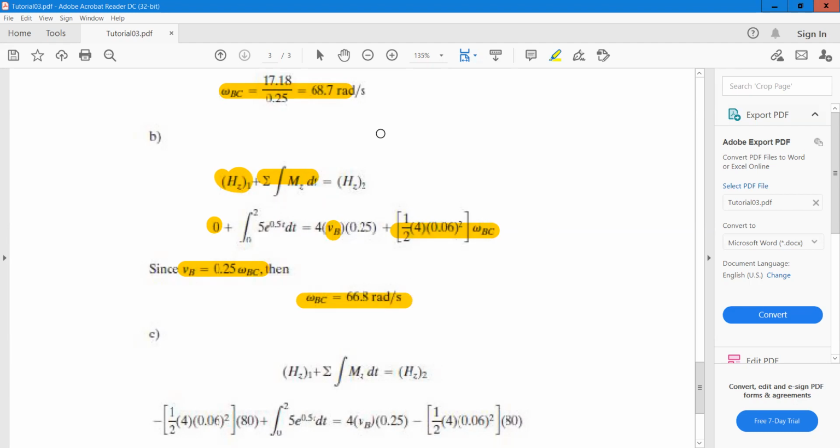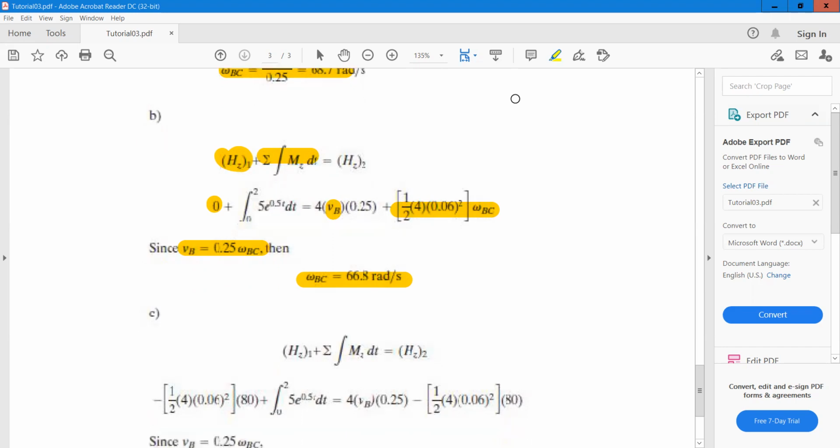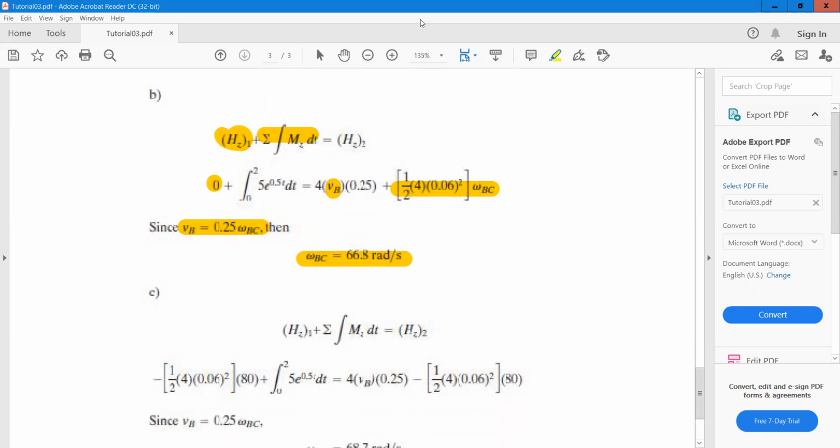This is for part B. Any question? Is it clear so far?